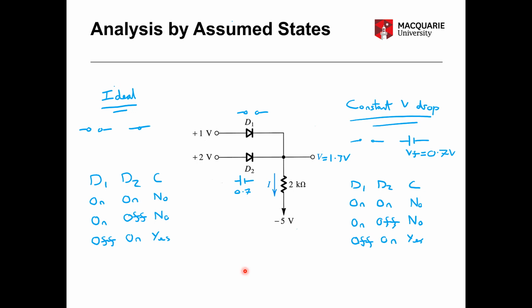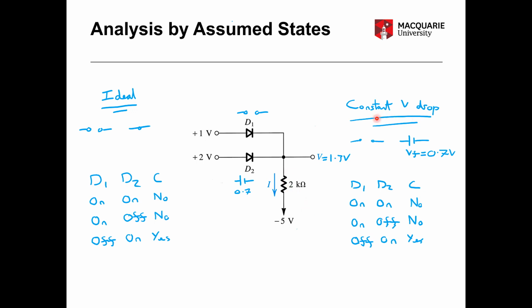So in this scenario, both our ideal and our constant voltage drop diode models gave us the same diode states that were consistent, in that being that D1 is off and D2 is on. But they do lead to different values for our voltage at this node here and for our current I. If you remember from the ideal model, we had 2 volts at V, and therefore that would be 7 volts dropped across that 2 kilo ohm resistor.